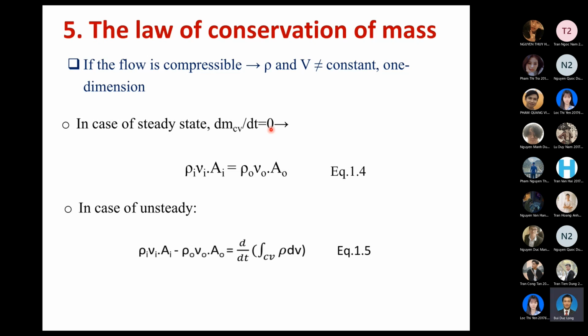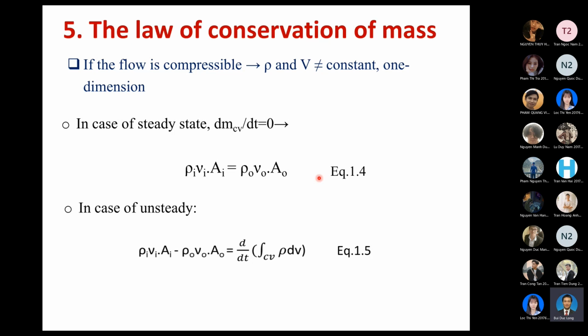So we have rho_I V_I A_I equal to rho_O V_O A_O. Because now rho is not constant, we cannot eliminate it from both the right side and left side. So it will be this equation.